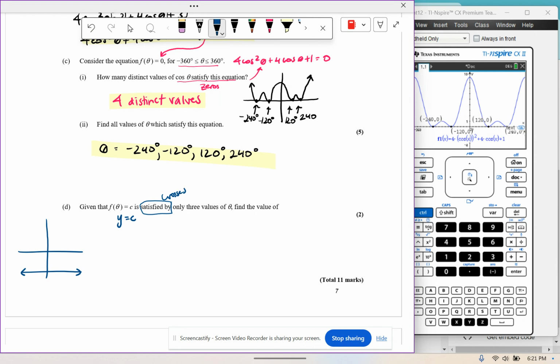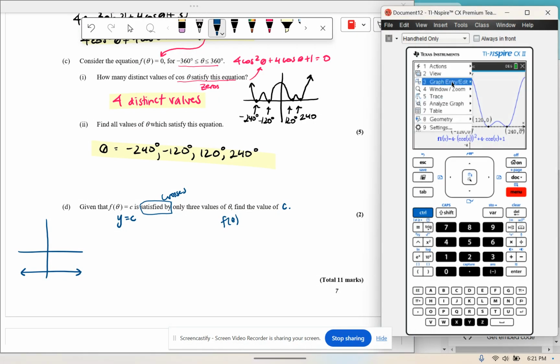Find the value of c. Okay, so we are trying to find the equation of the horizontal line that only hits the graph of f of theta 3 times. So it looks like right up top here at this piece and this piece, that's going to be 3 solutions right there. Boom, boom, boom.